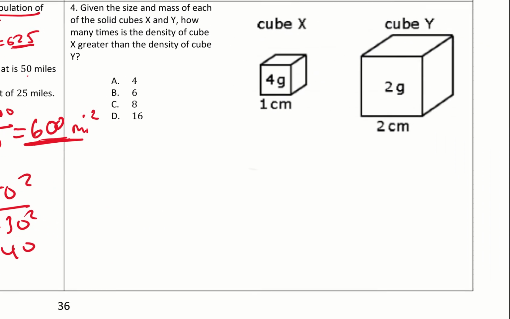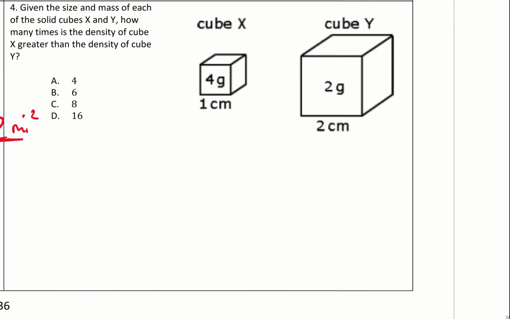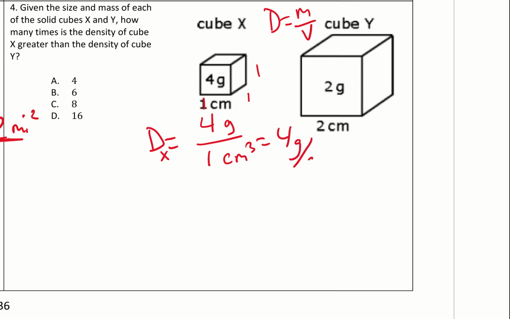Okay, so for number 4, given the size and mass of each of the solids, how many times is the density of the cube x greater than the density of cube y? So let's figure out the density of cube x. The formula for density is mass divided by volume. So it's going to be 4 grams divided by the volume of the cube, which is 1 times 1 times 1, which is just 1. So the density is 4.